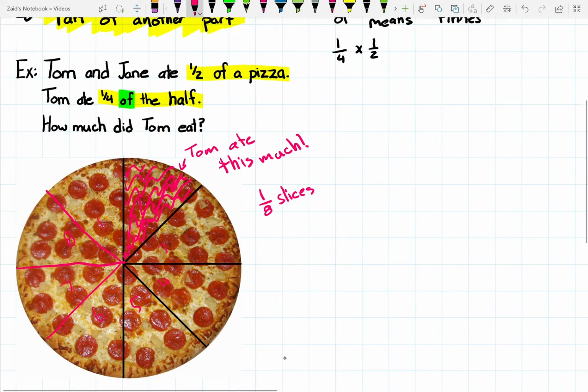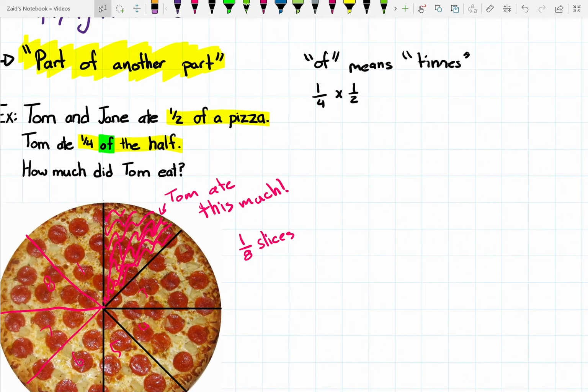And now if we do it numerically, what we have to do is just multiply the numerators together, so 1 times 1, and multiply the denominators together, so 4 times 2. So I get 1 out of 8. So I could see that it's the same answer. Therefore, Tom ate 1/8 of the pizza.